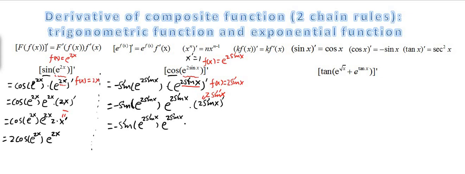And for this term, we're gonna have 2 times the derivative of sine x, which is cosine x. Okay, now we can simplify it. Negative 2 cosine x times sine of e to the power 2 sine x, times e to the power 2 sine x.